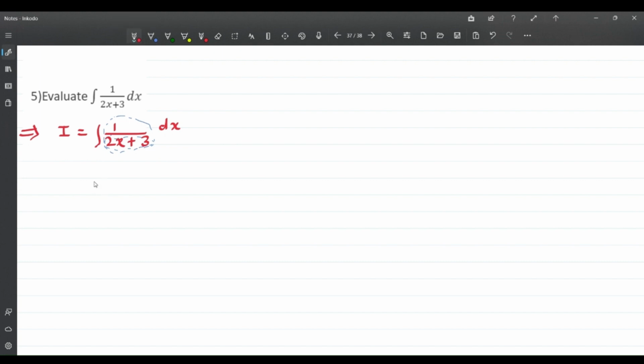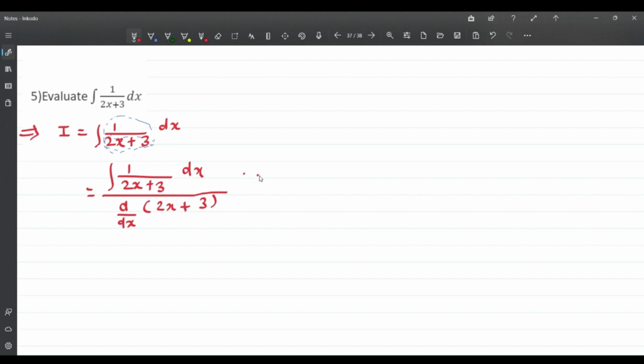So by rule, integration of composite function 1 upon 2x plus 3 dx, integration of whole function, divide by derivative of second function. Derivative of second function is derivative of 2x plus 3.